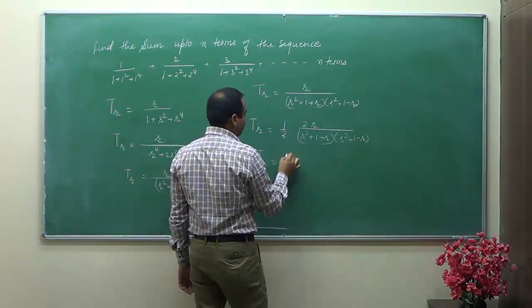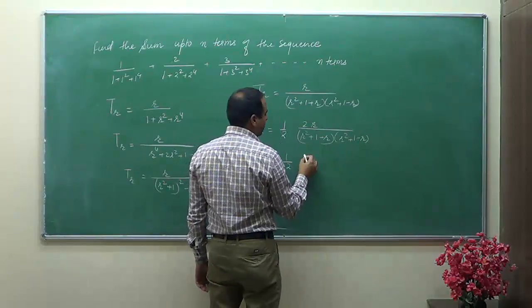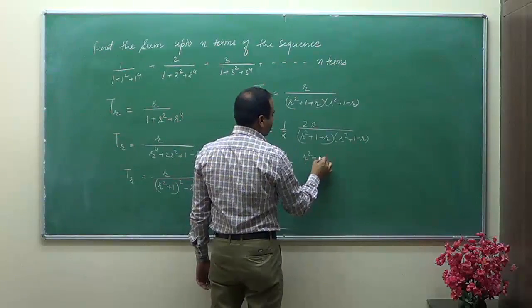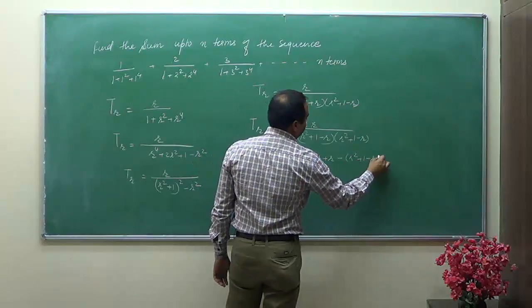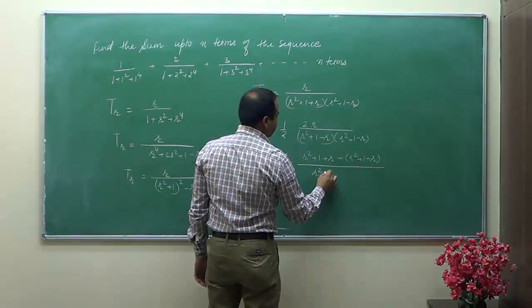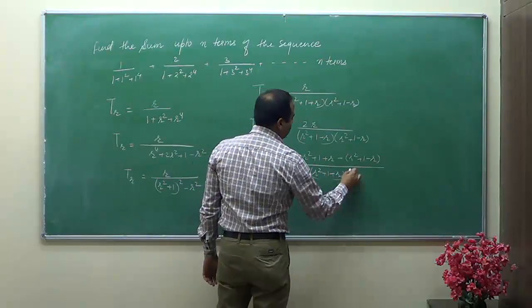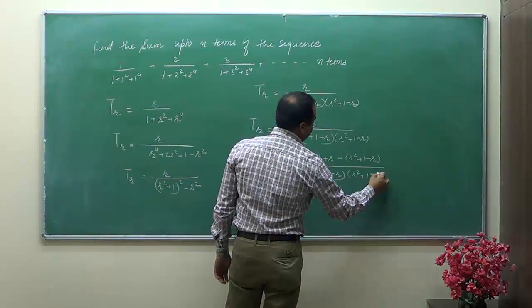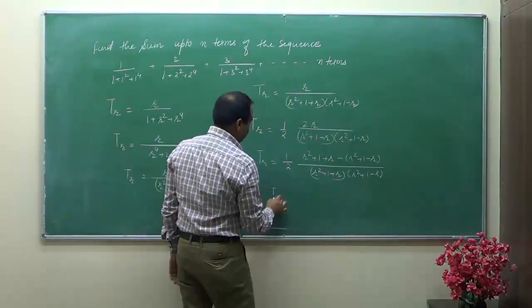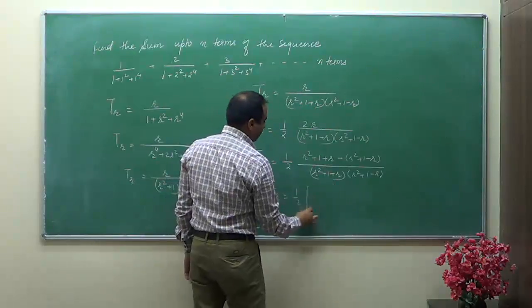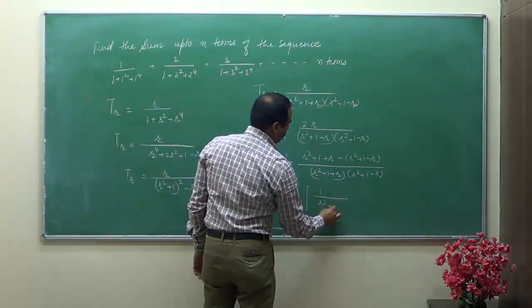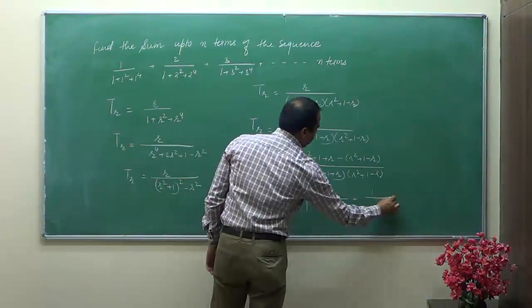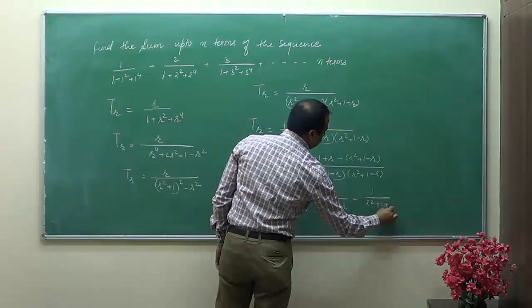And finally 1/2 it is r square plus 1 plus r minus r square plus 1 minus r, over r square plus 1 plus r into r square plus 1 minus r. Next time we can write as r square plus 1 minus r minus r square plus 1 plus r.